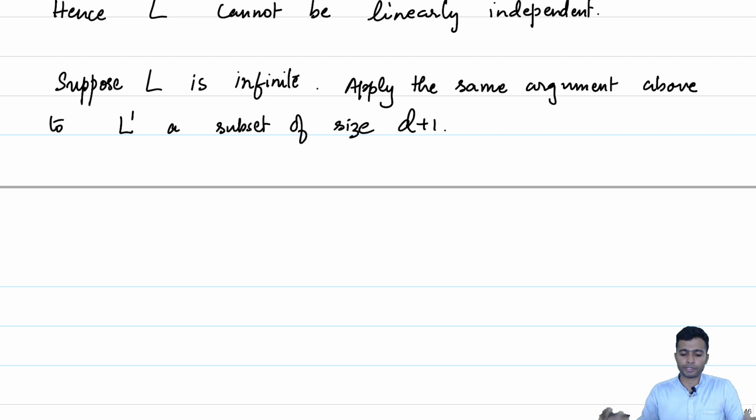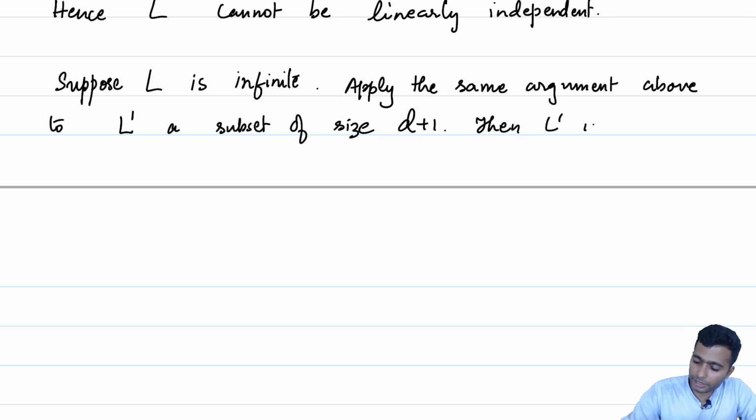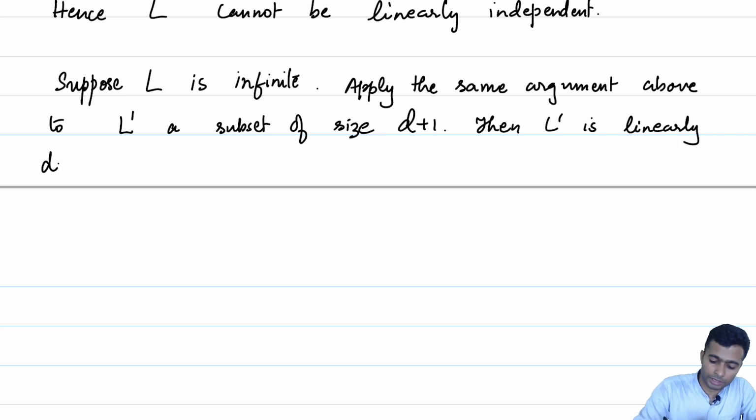You take a subset of L which is of size say d plus 1, then L prime is linearly dependent. But if a subset is linearly dependent, the set has to be linearly dependent, right? Which implies that L is linearly dependent, and we are done.